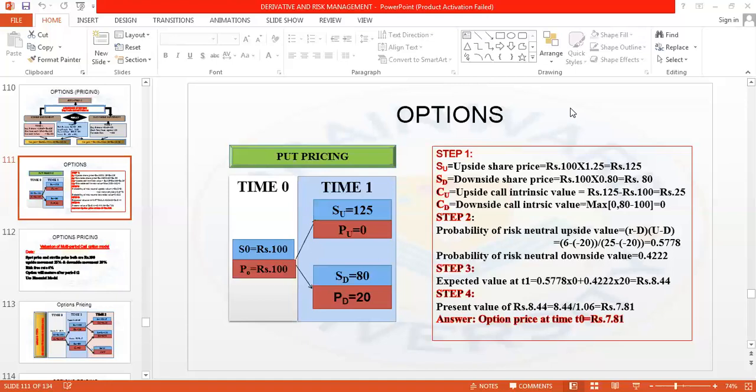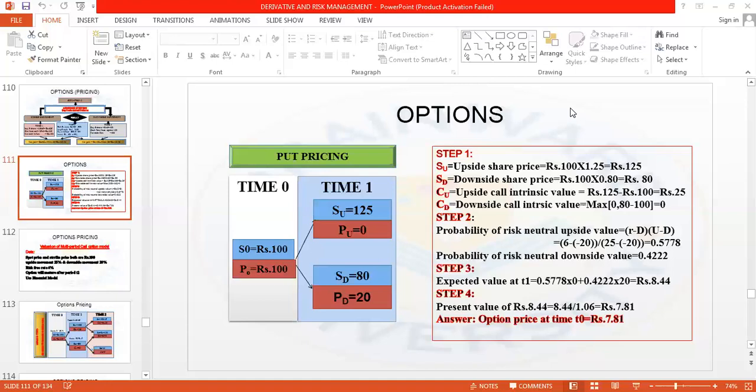We know that put option is just reverse of call option. In call option, we are buying the right of purchasing the underlying asset. Now we are buying the right of selling the underlying asset at strike price of derivative.